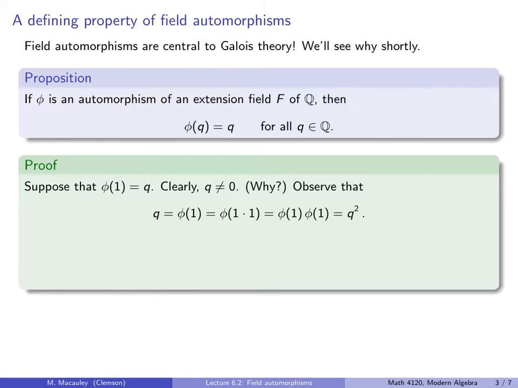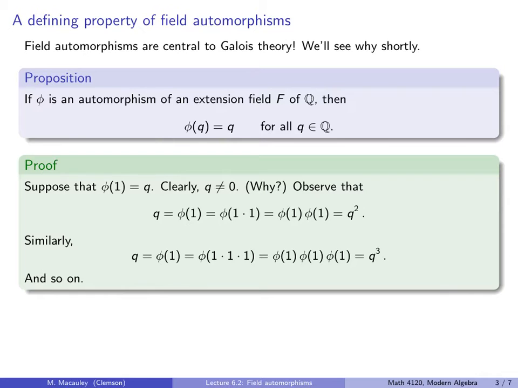Well, there's 1, and 0. And we've already eliminated 0. Similarly, q is equal to phi of 1 by definition, but that's also equal to phi of 1 times 1 times 1, which is phi of 1 times phi of 1 times phi of 1, which is q cubed, and so on.